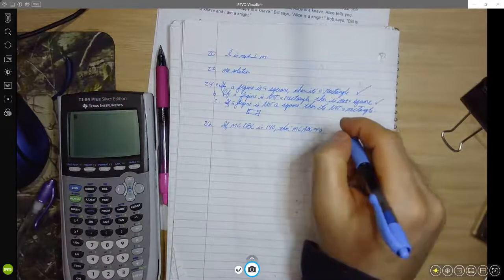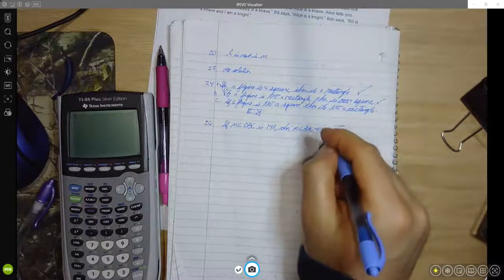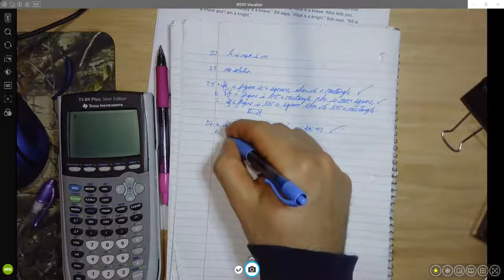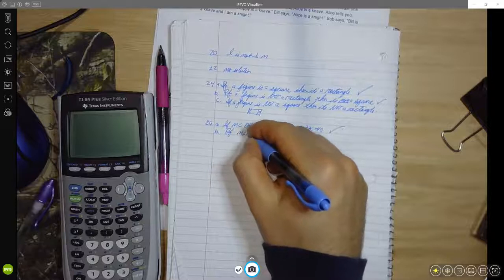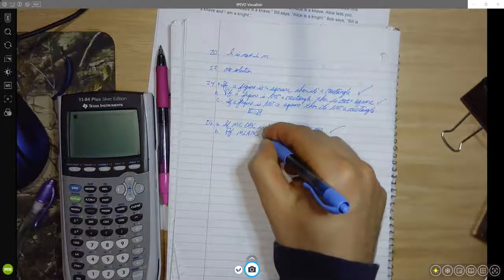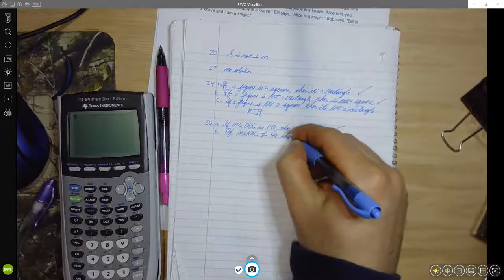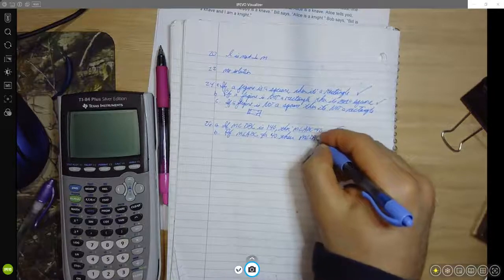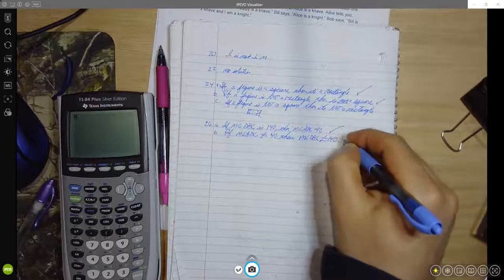And that's true because they're a linear pair. So B, inverse, if the measure of angle ABC is not 40, then the measure of angle DBC is not 140. And that's also true.